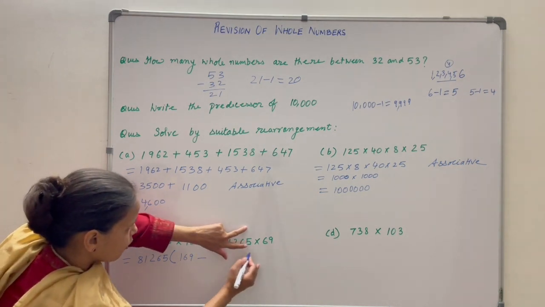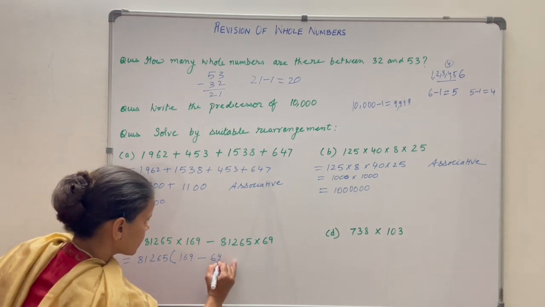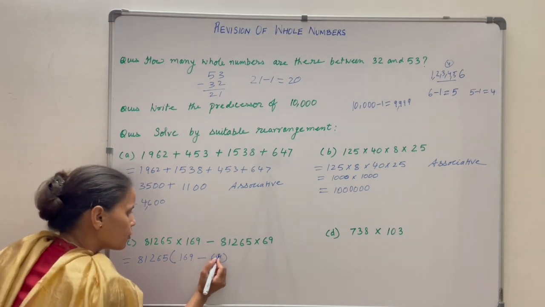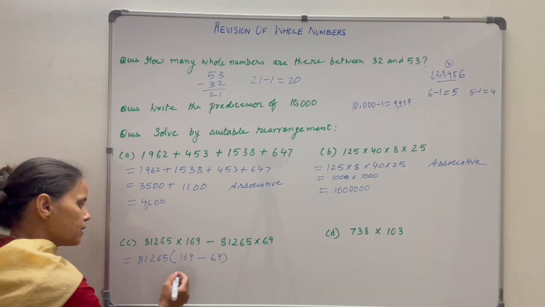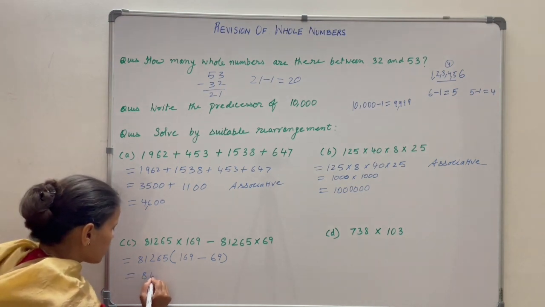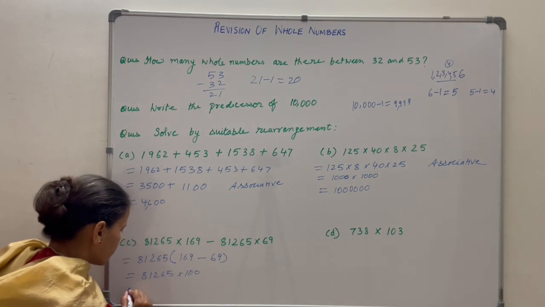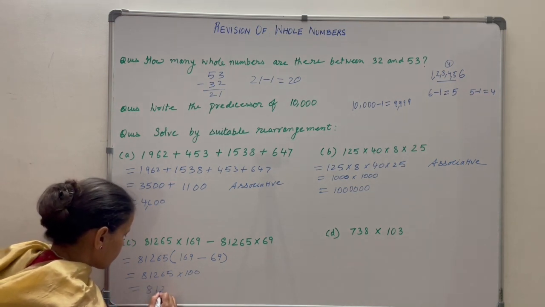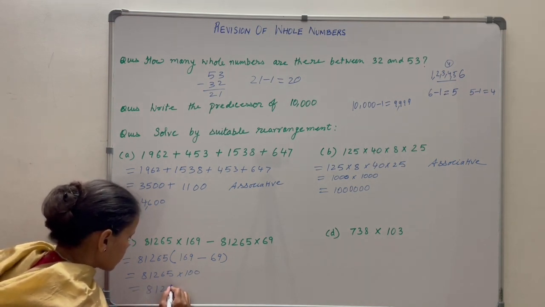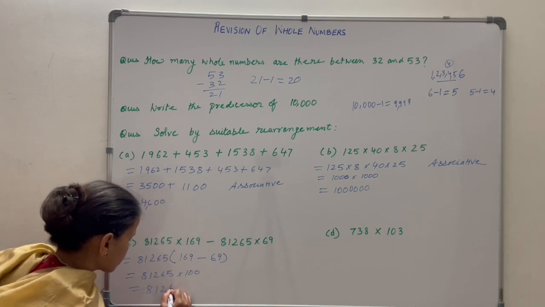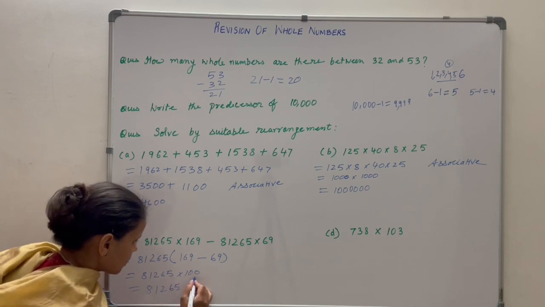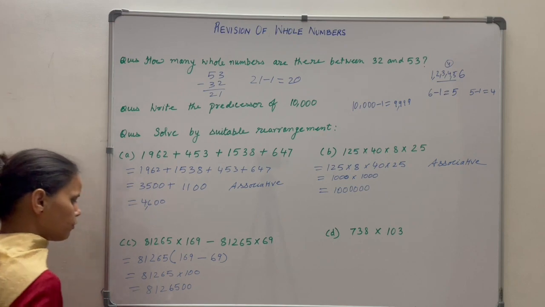We have taken this common, so what is left here? 69. So 169 minus 69 is how much? That is equal to 100. So this is into 100. So what is the answer? You will multiply 81,265 by 100, which means two more zeros you will put here.